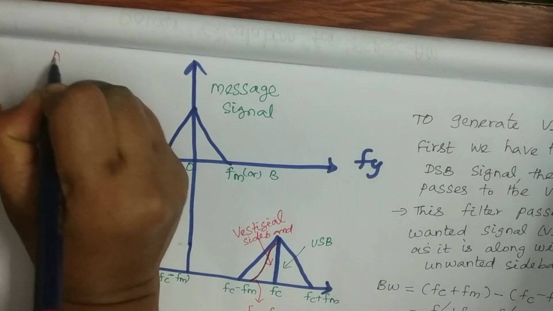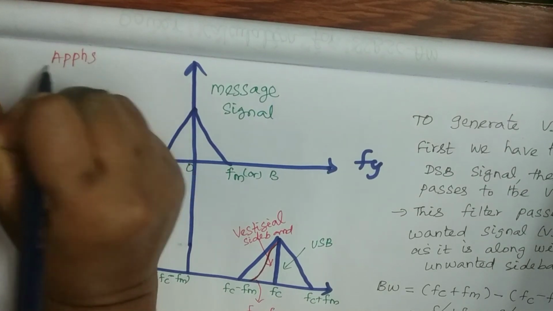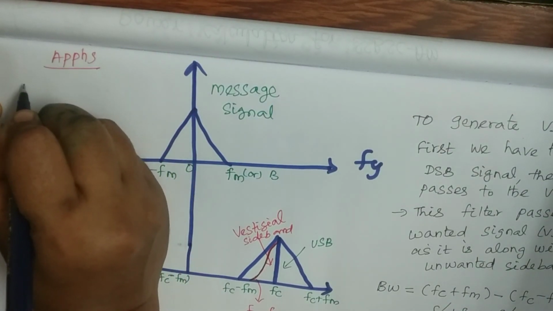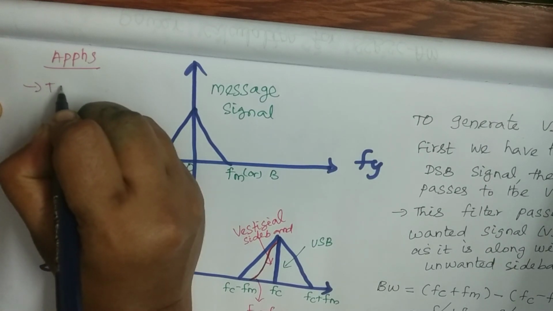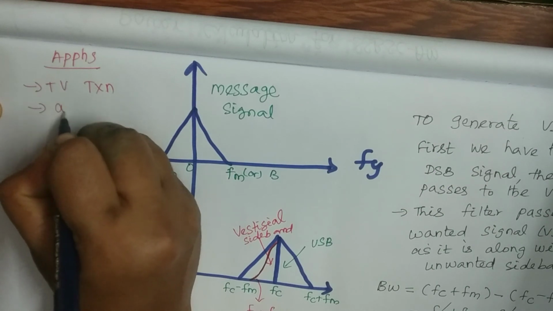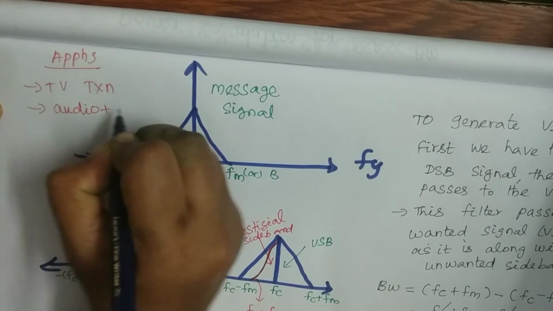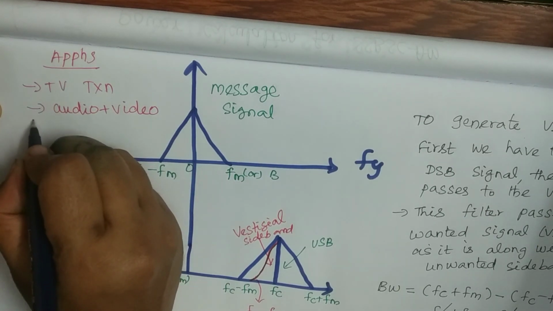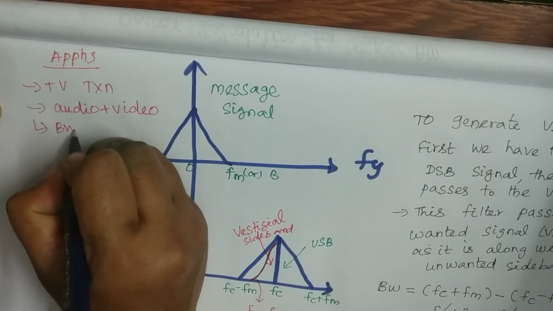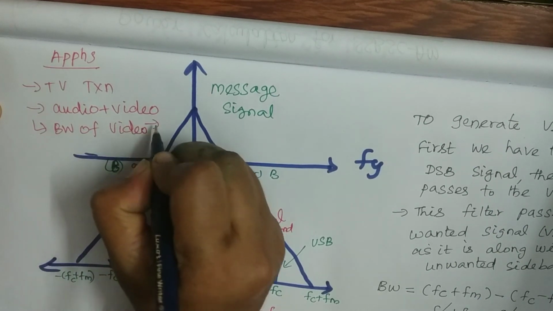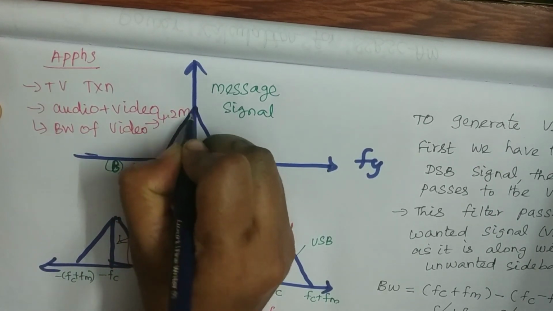Then we see some of the applications of VSB amplitude modulation. It is used in TV transmission, in both audio as well as video transmission. The bandwidth of video is 4.2 megahertz.